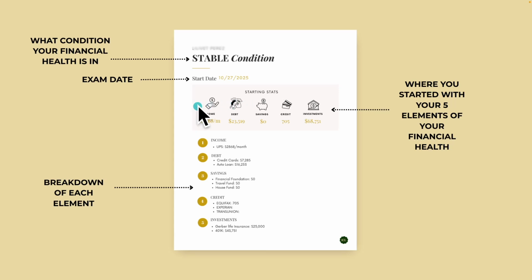So these starting stats here is where you started with your 5 elements of your financial health. So that's income, debt, savings, credit, and investments. So just so you know, this box up here is a summary, okay, including your credit. This may actually be an average of all 3 of your scores, not the actual score itself, okay?